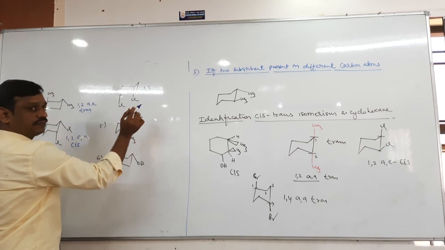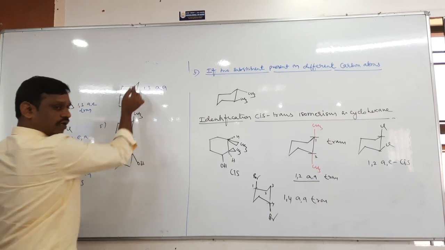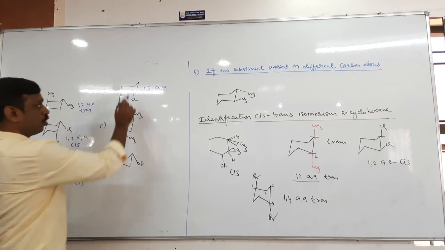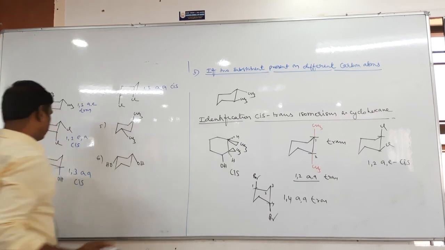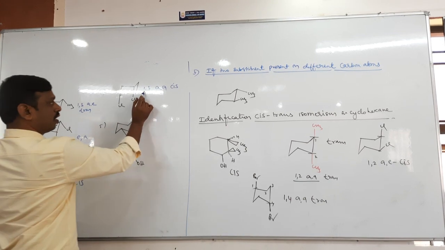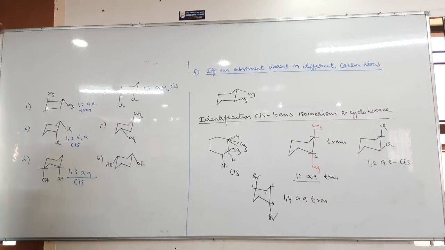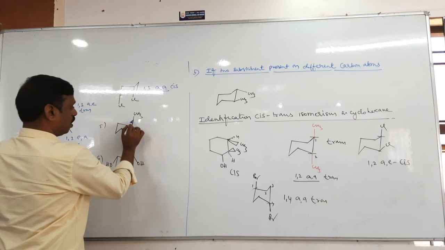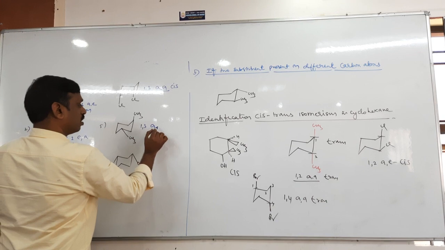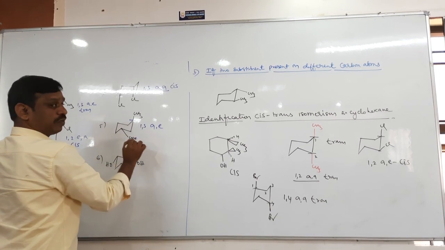1, 3. Both are axial, below the plane. Cis. Alright, 1, 3, AA, always cis. 1, 3, A, E. Above the plane, below the plane.